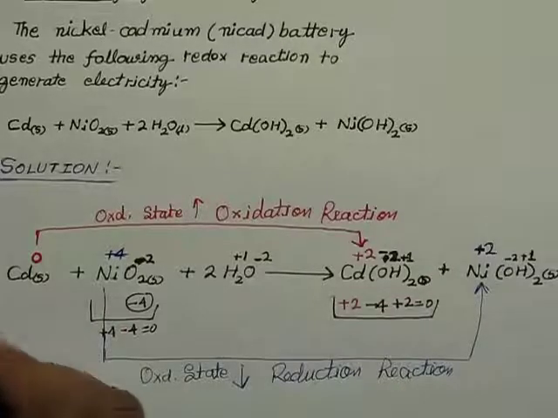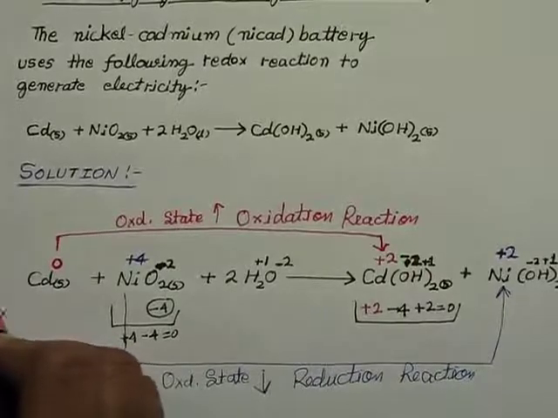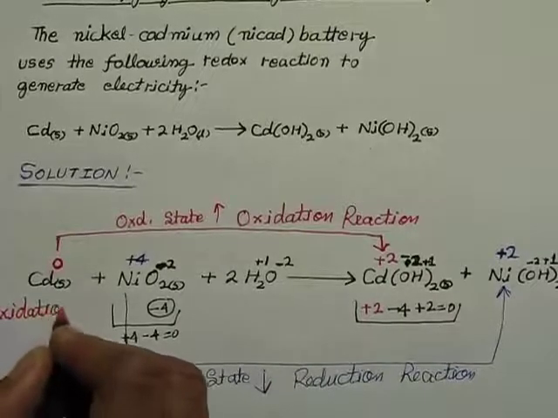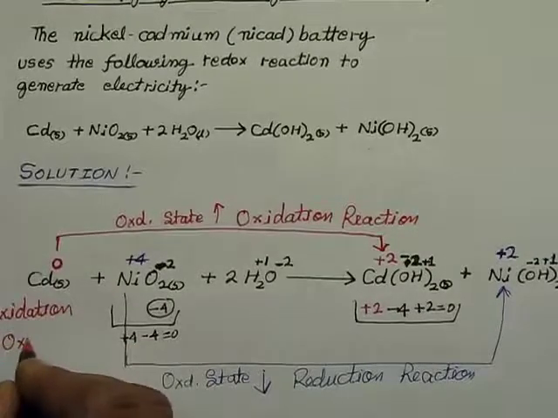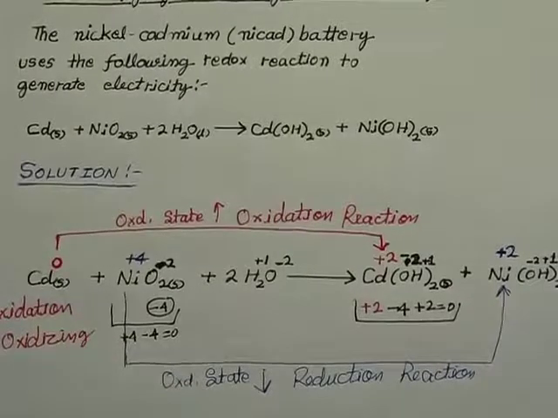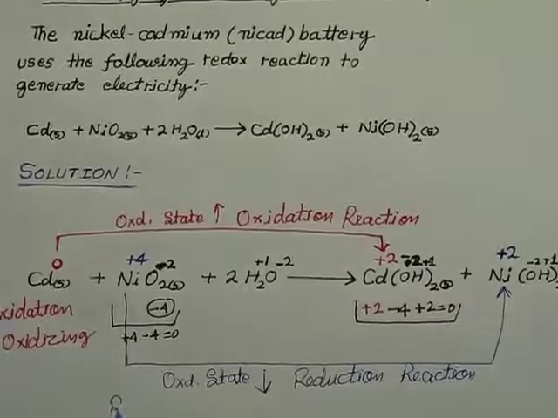So on the cadmium electrode, the oxidation reaction will happen, or you can say cadmium is oxidizing, and nickel oxide is reducing.